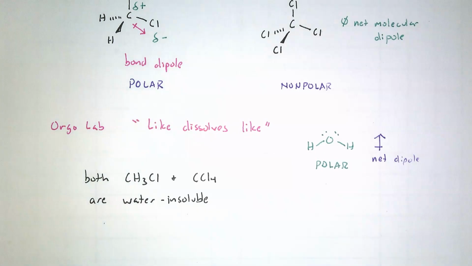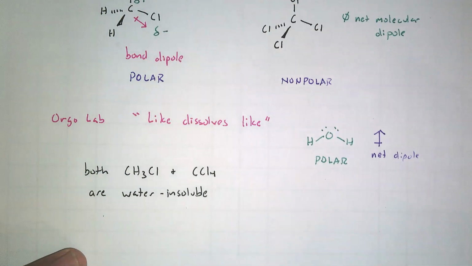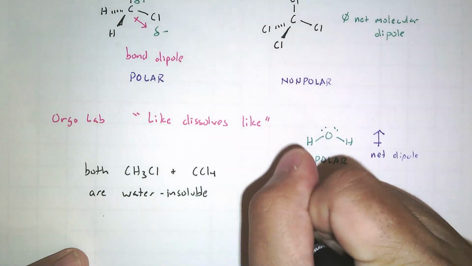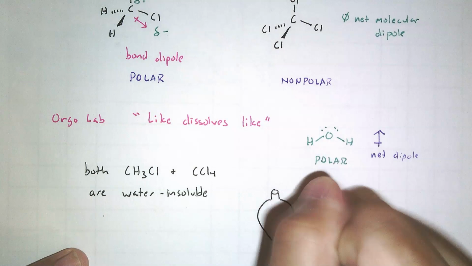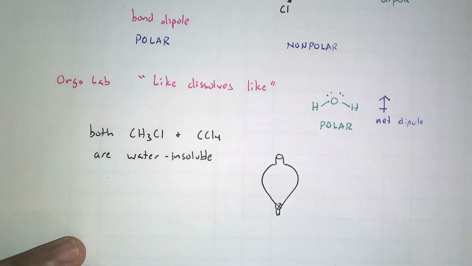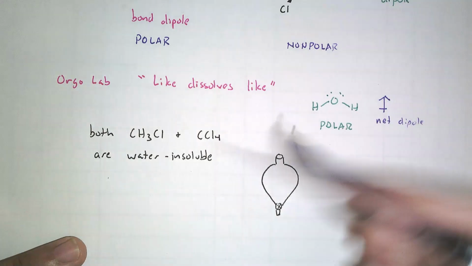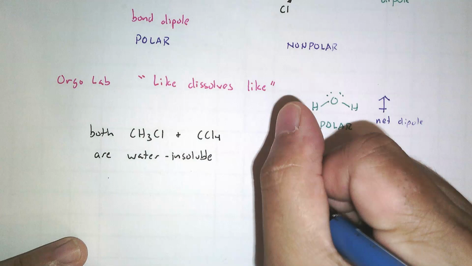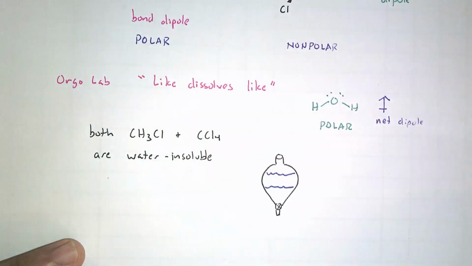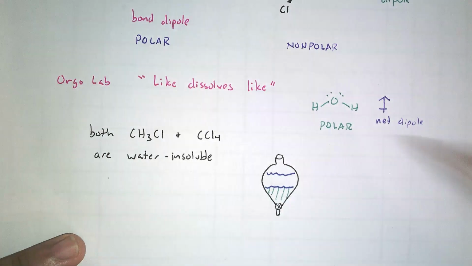Okay, this is going to be helpful, you'll see in lab, because there's a glassware called a separatory funnel. A separatory funnel looks like this, and it has a spout at the bottom that you could drain. The thing is, when you have water and either of these two chlorinated solvents, your chlorinated solvents will separate from the water, almost like oil and vinegar.